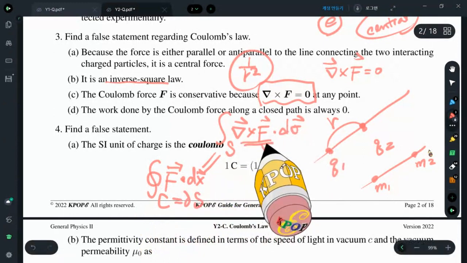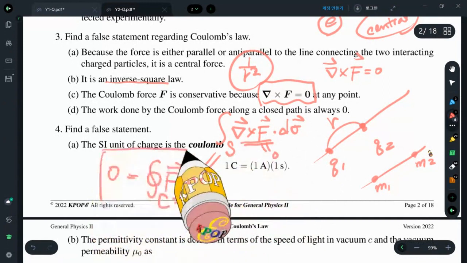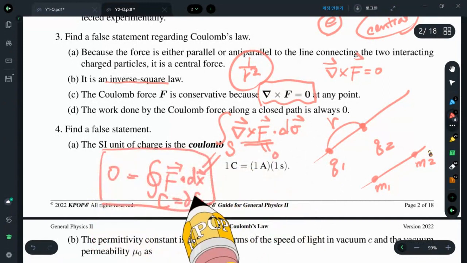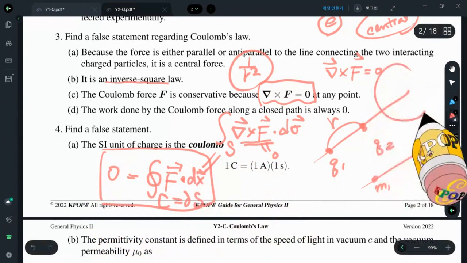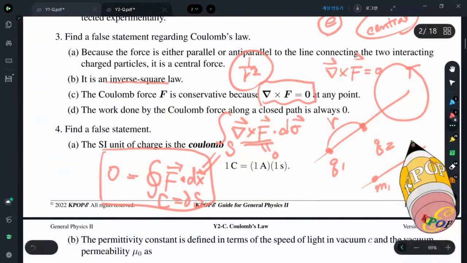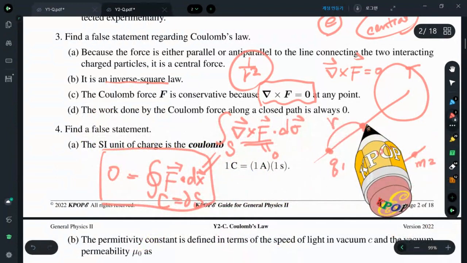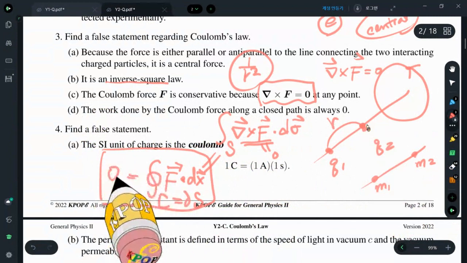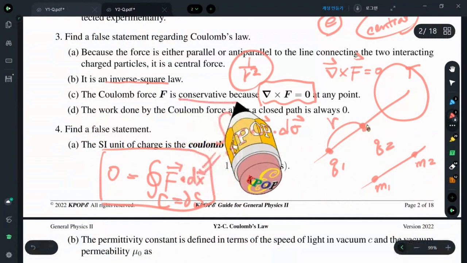Because the integrand is exactly zero, this integral is zero. That's the reason why a conservative force does no work at all if you return to the same point. That's the key point of the conservative force that we learned in the first semester. The work done by the Coulomb force along a closed path is always zero. That's the reason why it is a conservative force.